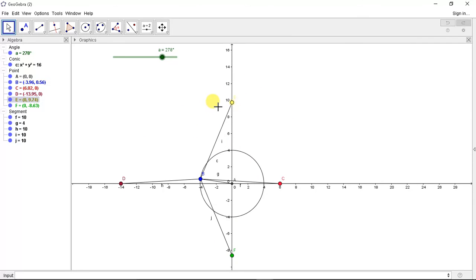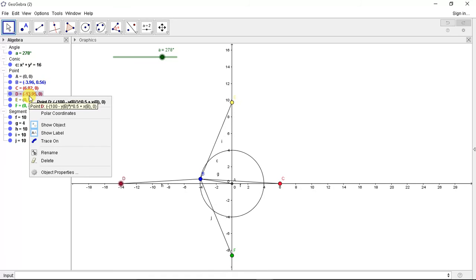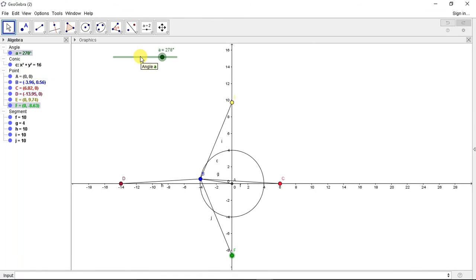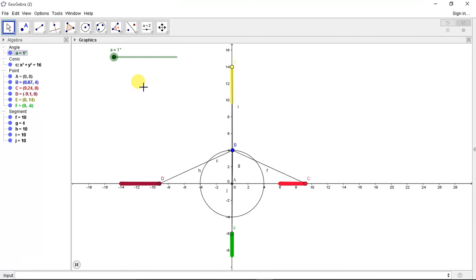Okay, and if we trace these points, tracing is on C, D, E, F. So we get this illusion.